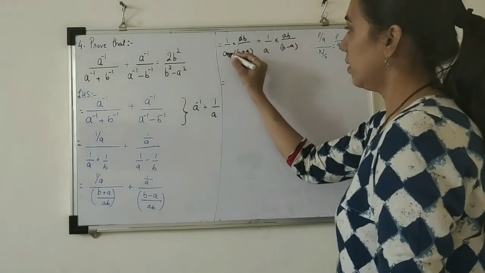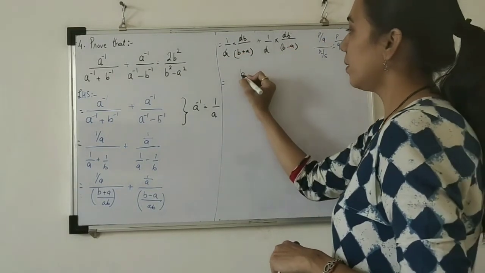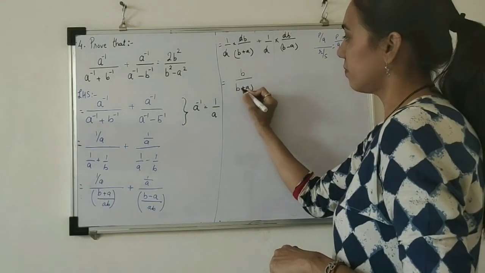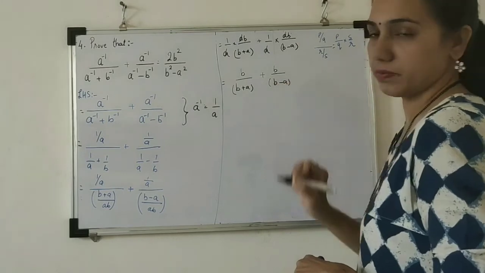Now a and a get cancelled. Here also a and a. You will get b upon b plus a, and here you will get b upon b minus a.